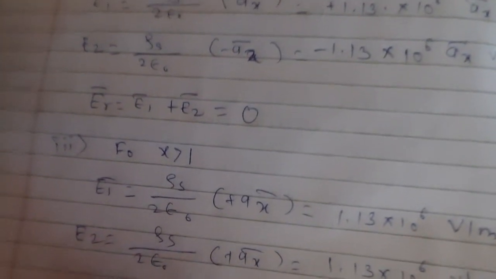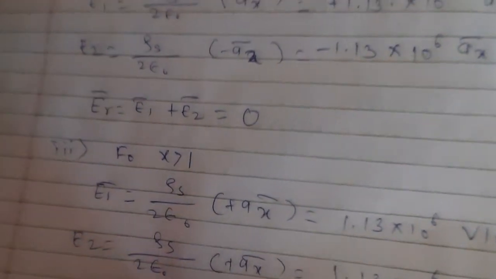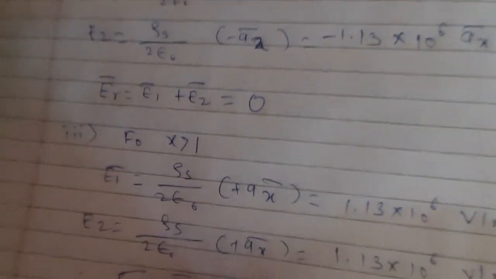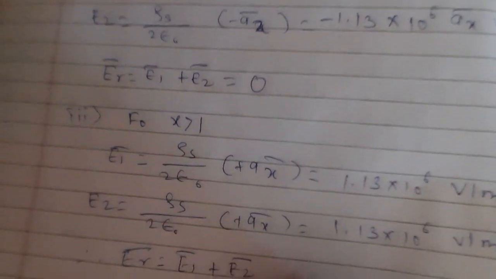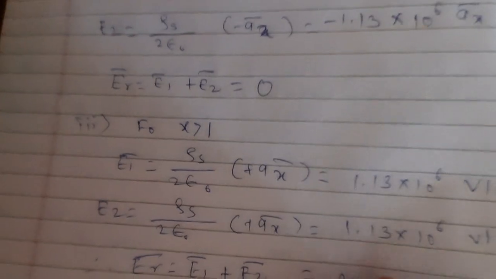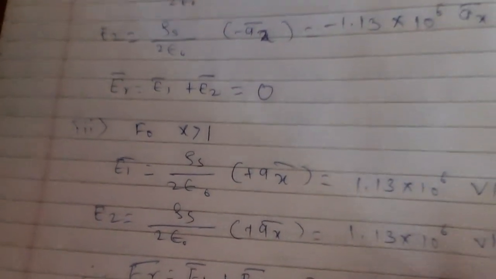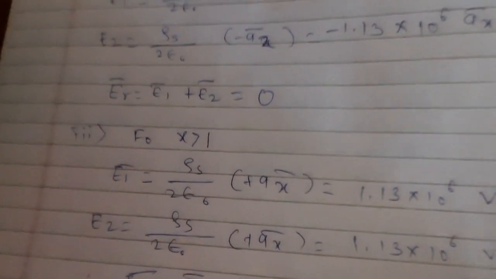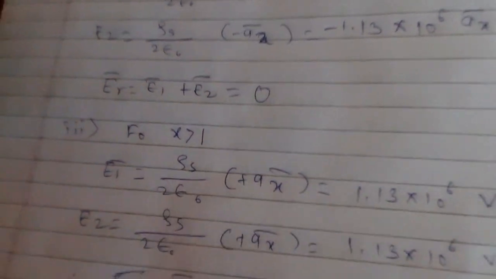Now what is the value of ER? It is E1 bar plus E2 bar. So it is equal to 2.26 into 10 raised to 6 ax bar volt per meter square.